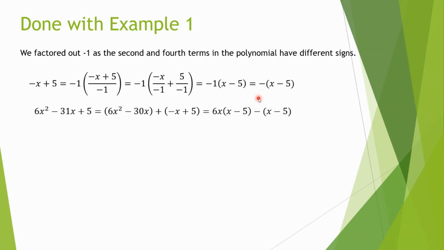This is actually why we have to do this. In these two groups, we have a common factor, namely what's in parentheses. In this case, that common factor is x minus 5.